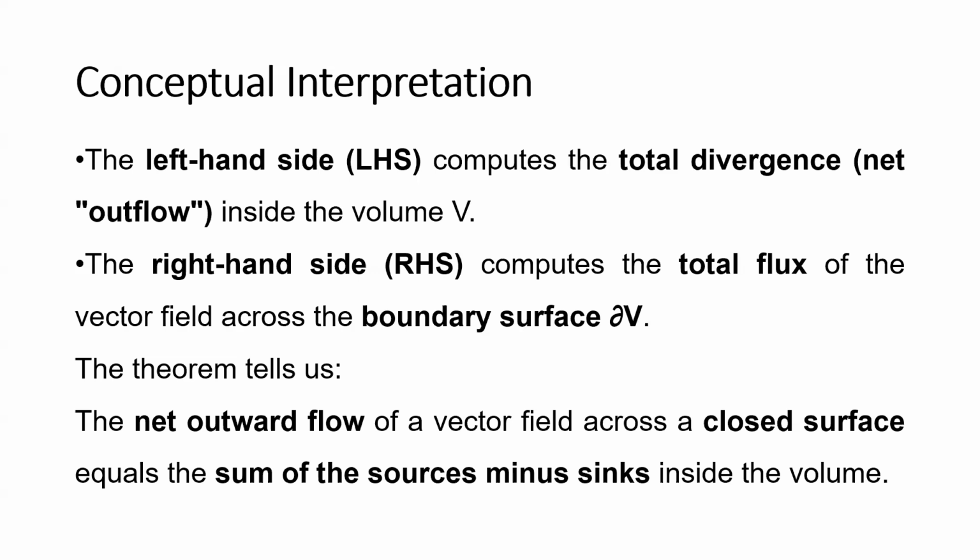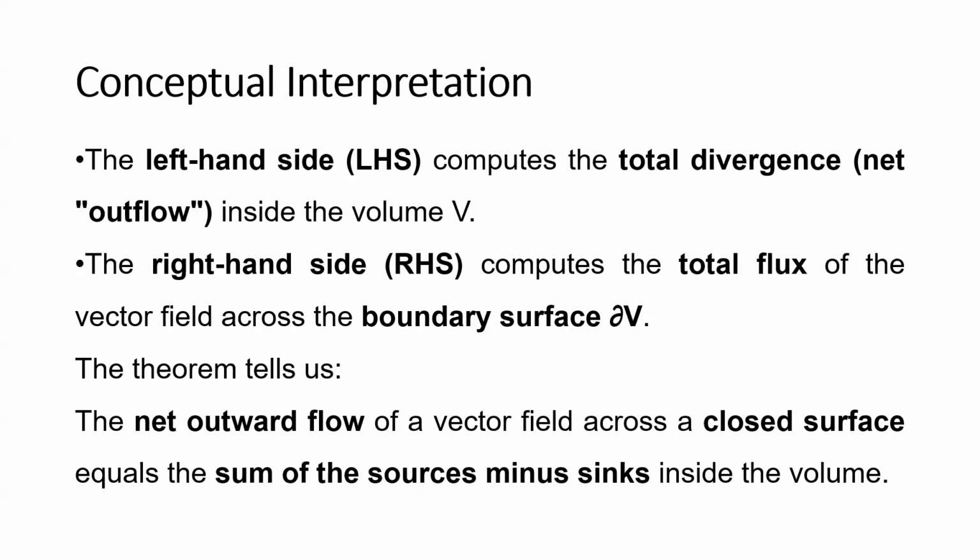The right hand side computes the total flux of the vector field across the boundary surface del V. So the theorem tells us that the net outward flow of a vector field across a closed surface is equal to the sum of the sources minus sinks inside the volume. This is the theoretical definition of the divergence theorem.